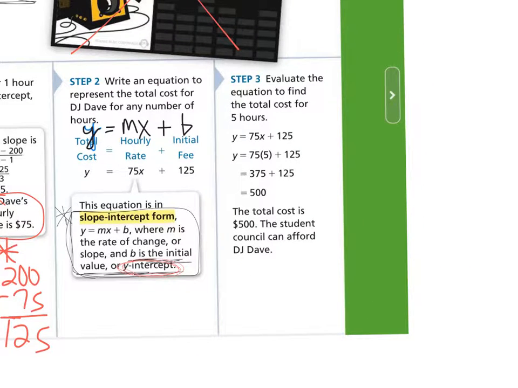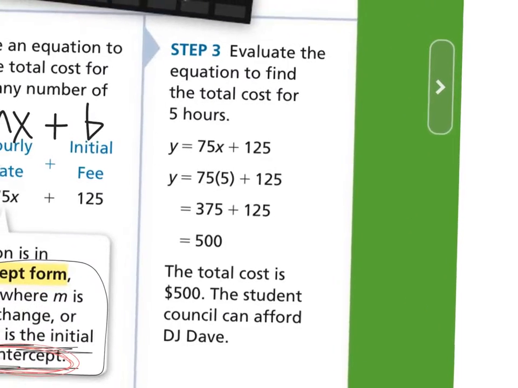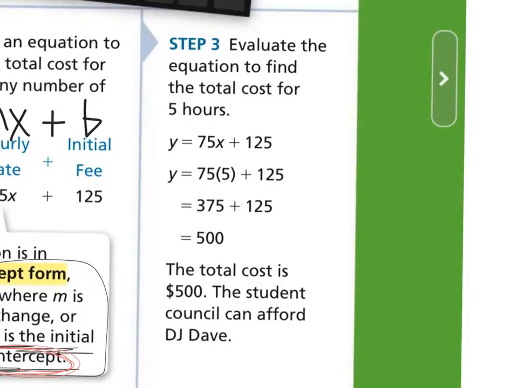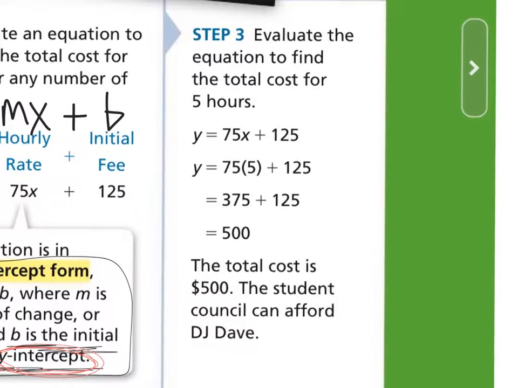So the final thought for this example then is, can we afford 5 hours? Once we get the equation, we could substitute a 5 in place of the x, work it out, and we get $500. Well, coincidentally, we had exactly $500, so we could exactly afford DJ Dave with nothing left over.